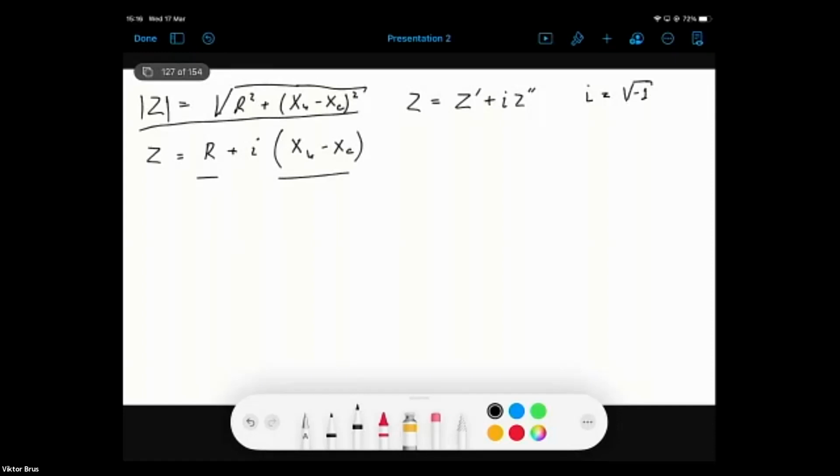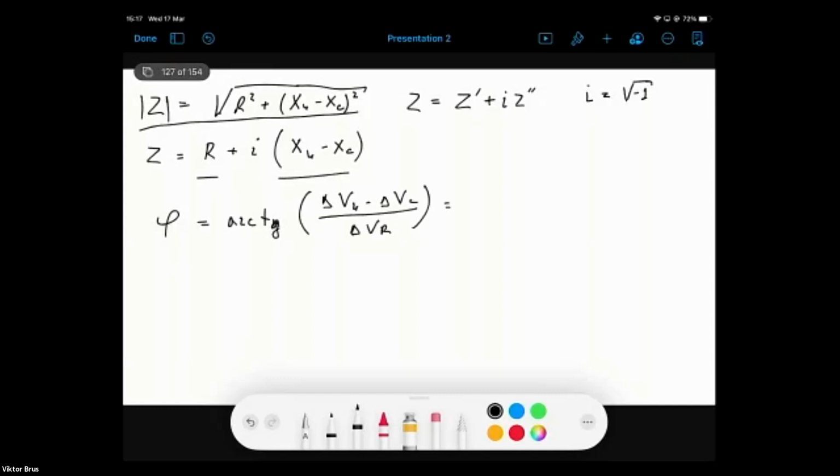Another parameter which is very important is phase shift between electric current and voltage applied to the electric circuit. This is our phi. So this phi is determined as arc tangents of delta VL minus delta VC divided by delta VR.